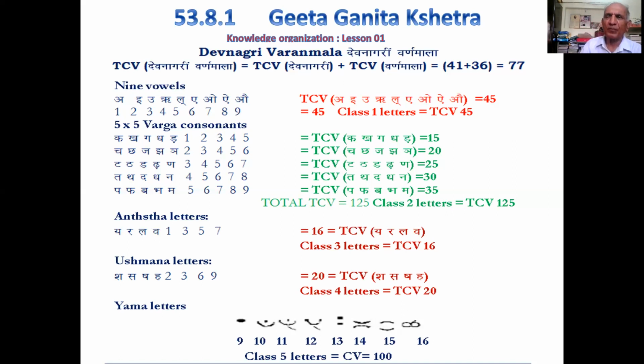So first group, the first class of Devnagari alphabet letters is of vowels. There are 9 vowels. These 9 vowels have their sequential placements as first vowel, second vowel, and the 9th vowel.